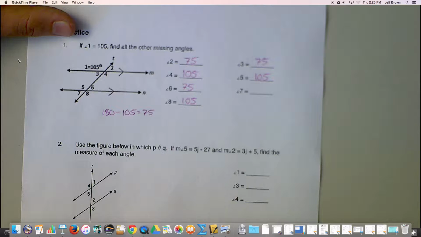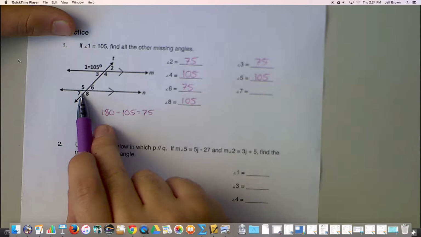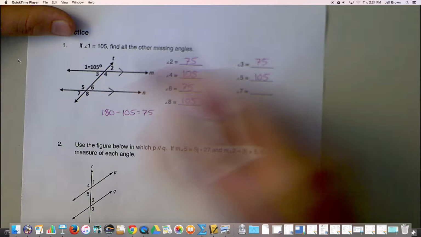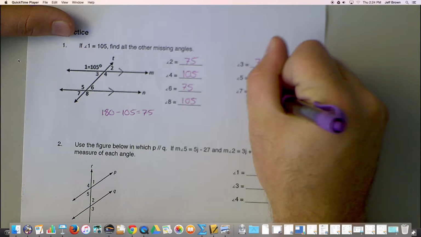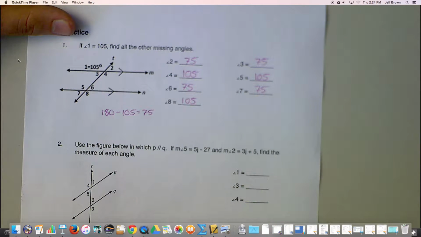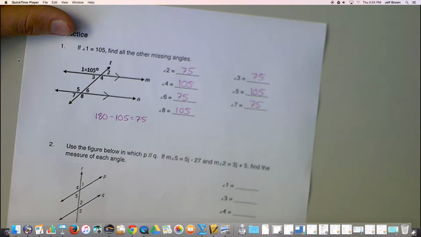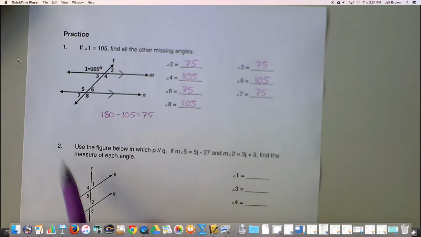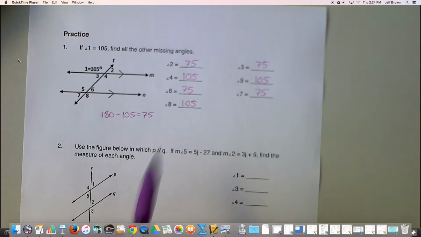And then our last one, angle 7 down here, is in the same position as angle 3. So those two are corresponding angles, and it is also a magical 75. Alright, so we should be seeing that we really only have 2 different measurements. We only have that 75 and a 105, because all my angles here are either congruent or they're supplementary, so they're always going to add up to 180. That's kind of an important fact that we can use here.